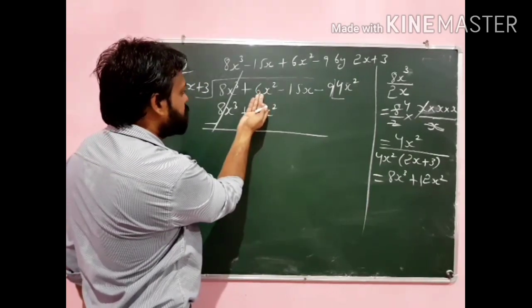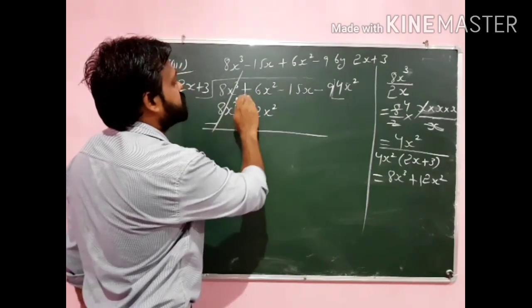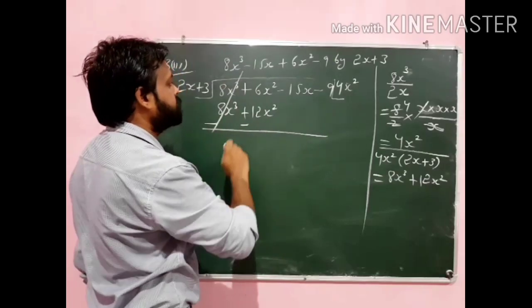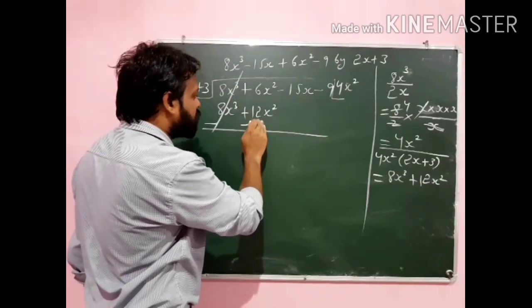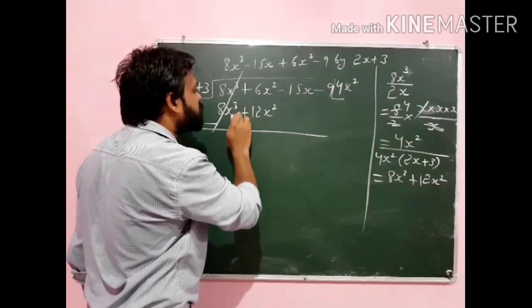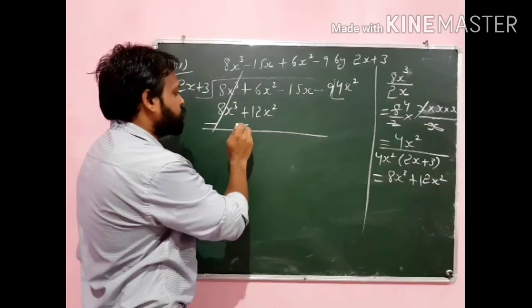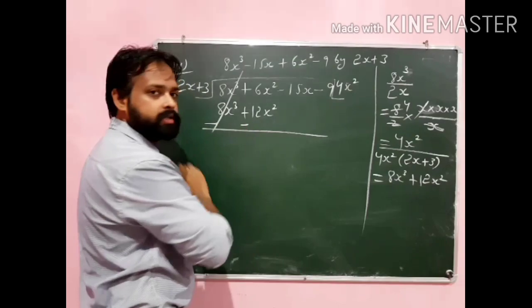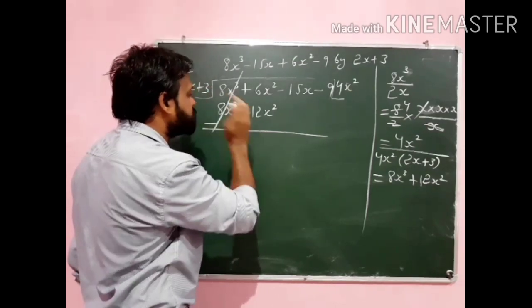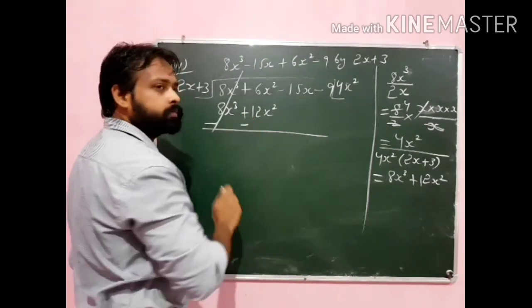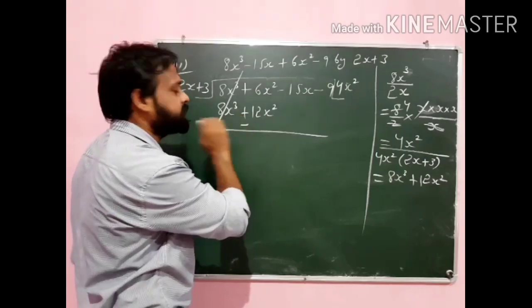And now you can see 6x square is of positive sign, and this 12 is not a positive sign here because we just changed it. Its sign is minus, so don't consider it positive.